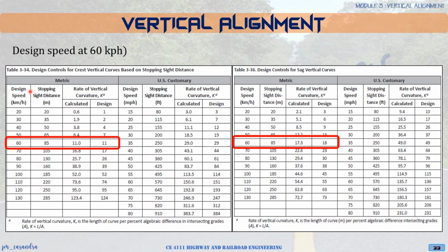From here, we get the value of K. For the crest vertical curve, the K that we're going to use is 11, and for the sag vertical curve, it is equal to 18.